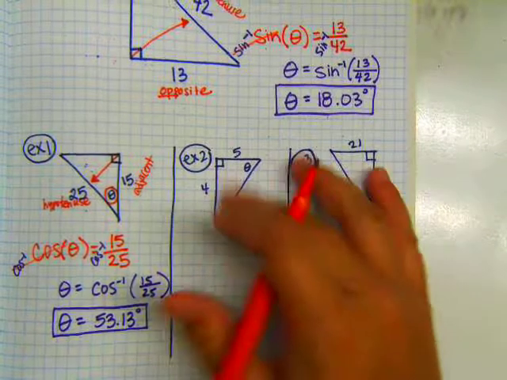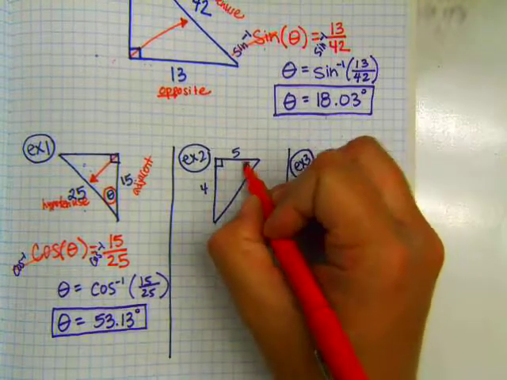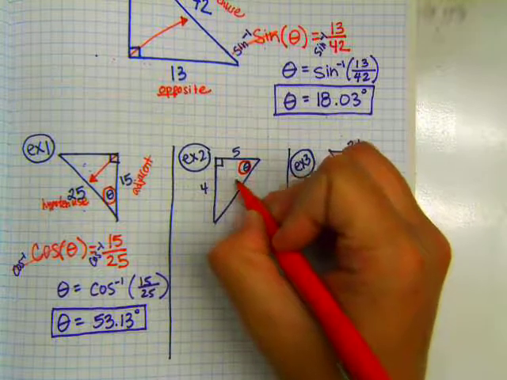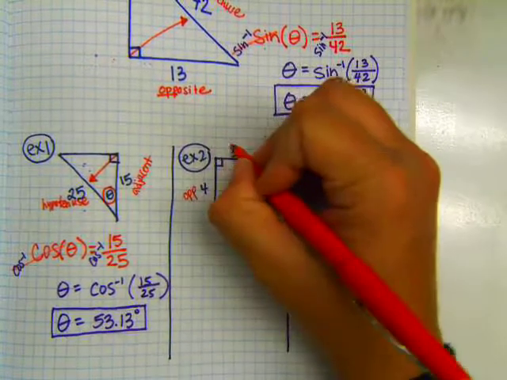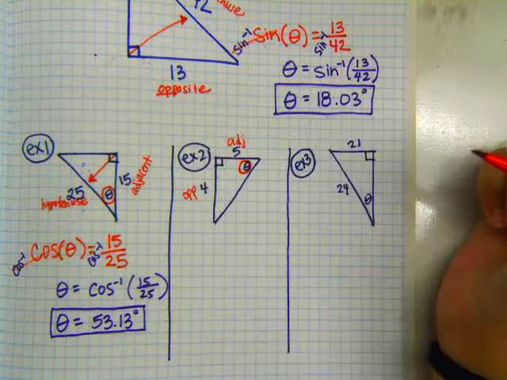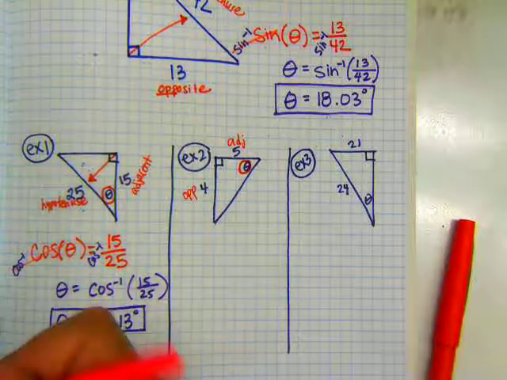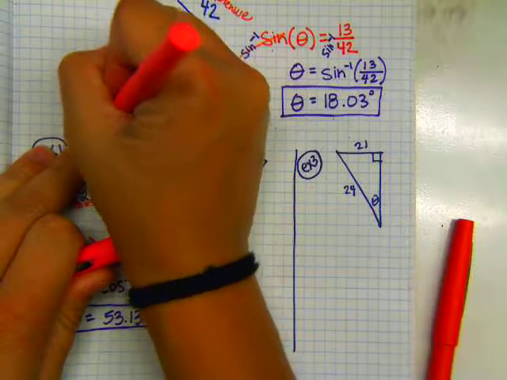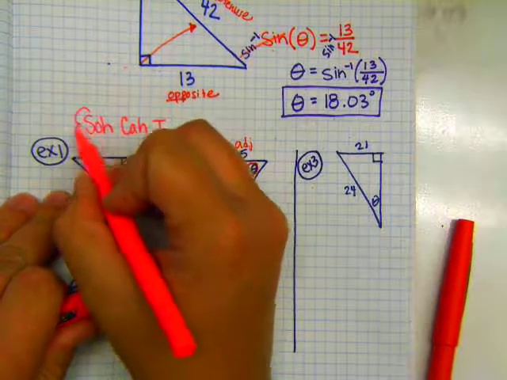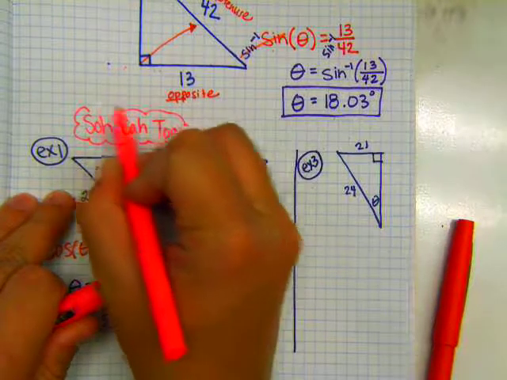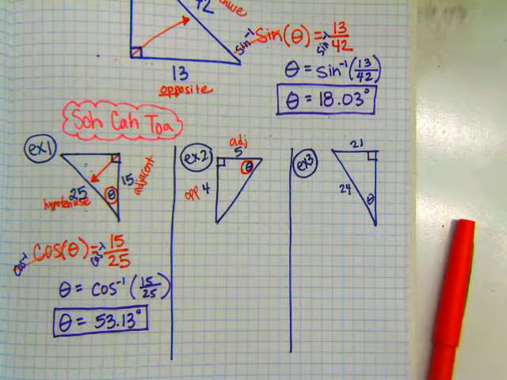So for example 2, looking at theta, hypotenuse would be over here, so we don't have that, but we have opposite and adjacent. And using SOHCAHTOA, which I'm going to rewrite down here so I can see it, which one uses opposite and adjacent? That would be tangent.